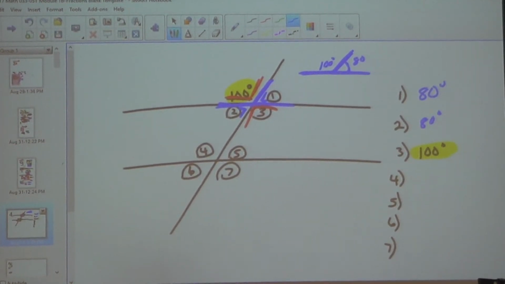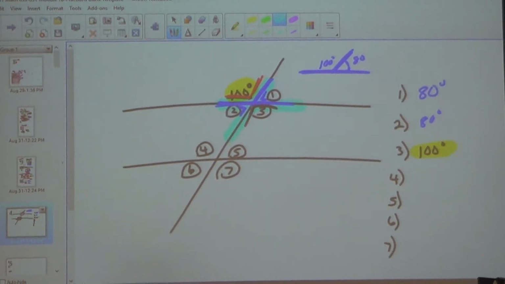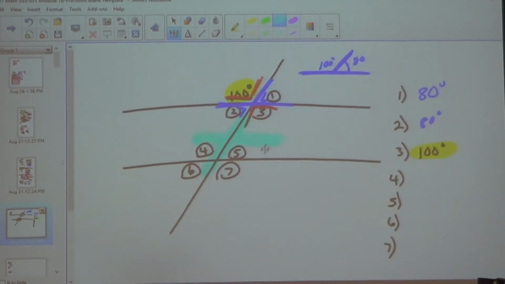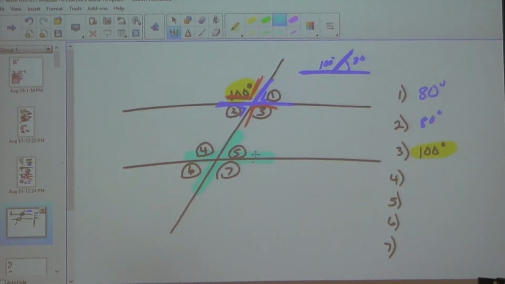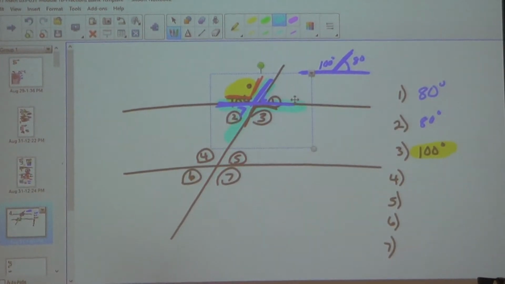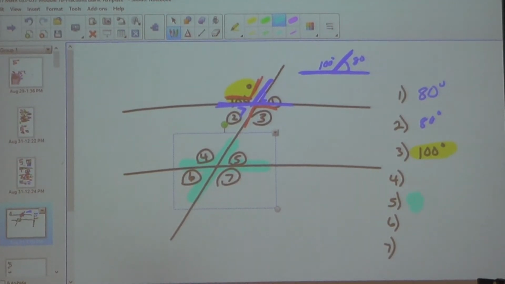Now, once you do one intersection, watch this. Move that down the road. Look where angle 1 is. Look where angle 1 is in the same location as angle 5. So angle 1 is in the same spot as angle 5. So angle 1 and angle 5 are the same. 80.